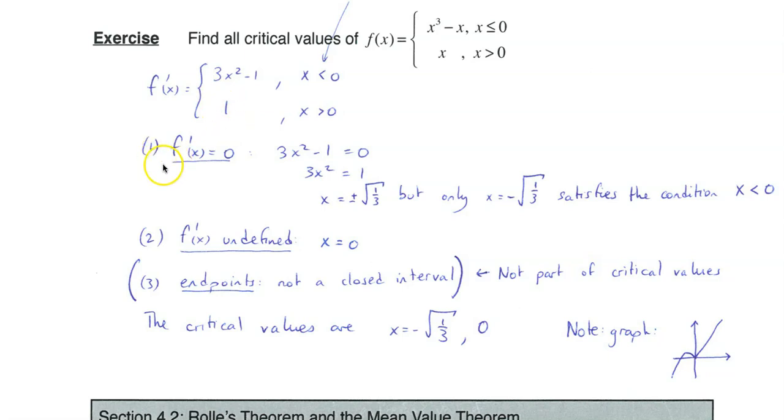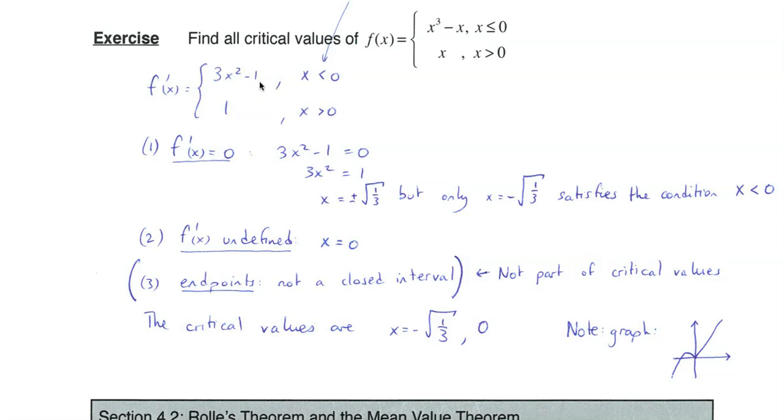Okay, so we can go to the second option, f prime of x undefined. Now we have already found a place where f prime of x is undefined because we have noticed that when x equals 0, the one-sided derivatives are different. So x equals 0 is a critical value and we should not forget it. Now, are there any other places where f prime of x is undefined? 3x squared minus 1 is a polynomial, so it's always going to be defined.